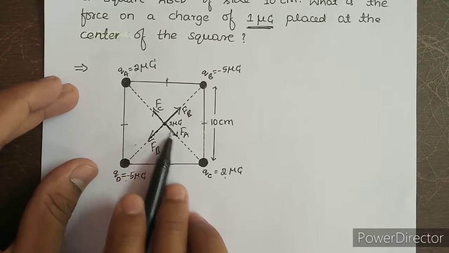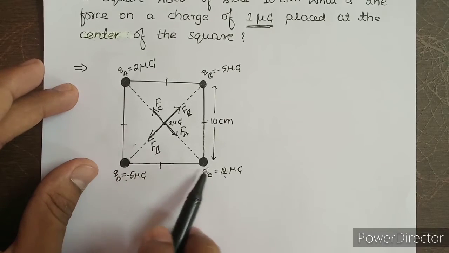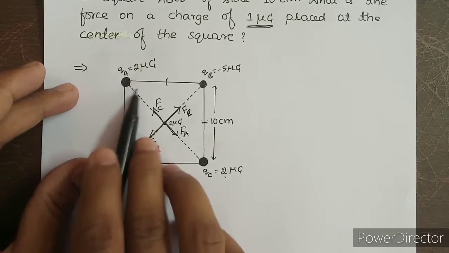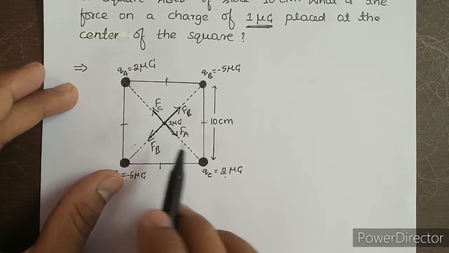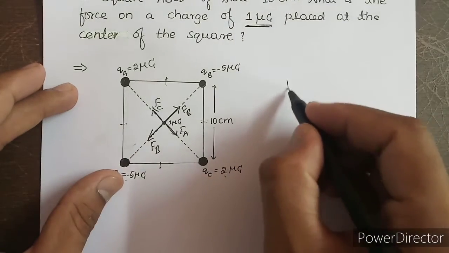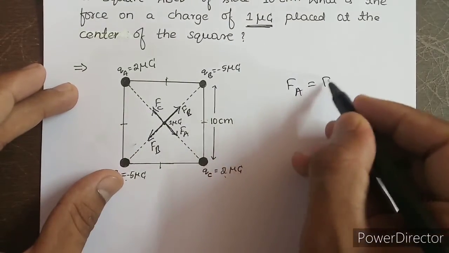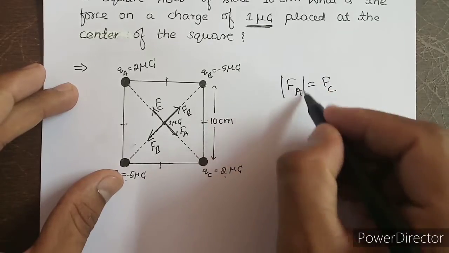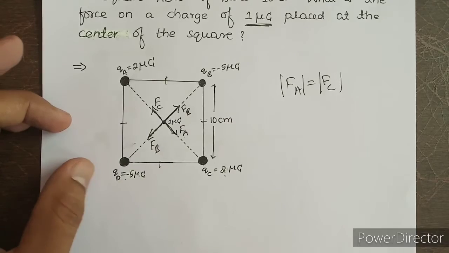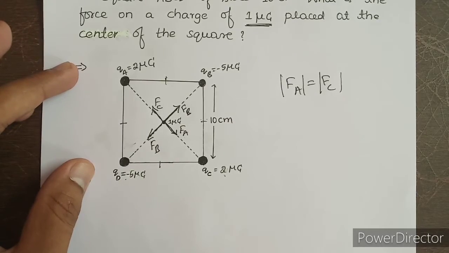This distance is equal to this distance. Force due to this charge and this charge will be equal to force due to this charge and this charge, so that FA will cancel out with FC. FA is equal to FC. Magnitudes same but opposite in the direction, so they cancel each other.